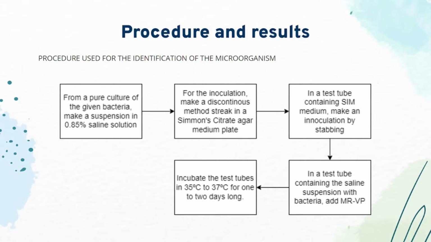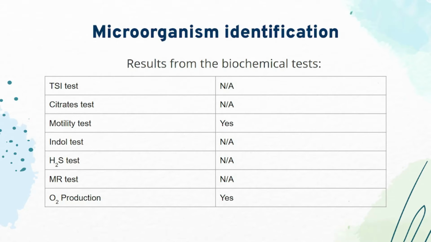We incubate all those test tubes in a temperature range from 35 degrees Celsius to 37 degrees Celsius for 1 or 2 days. And here we have the results of said biochemical tests. We have the triple sugar iron test that is not applicable. The citrate test not applicable either.